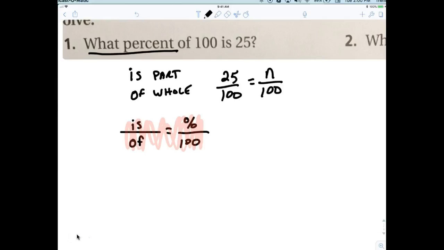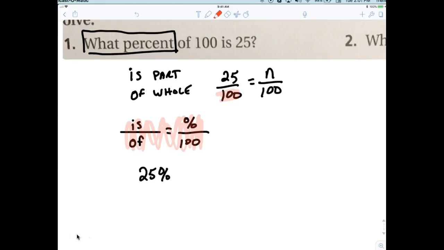Now, do I really want you to solve that, or I just want you to tell me that 25 out of 100 is 25 what? Percent. Remember, they're asking for a percent, so the answer must be 25%. The only reason this is the answer is because the denominator is 100. Because the denominator is 100, the numerator is the percent that we're looking for.